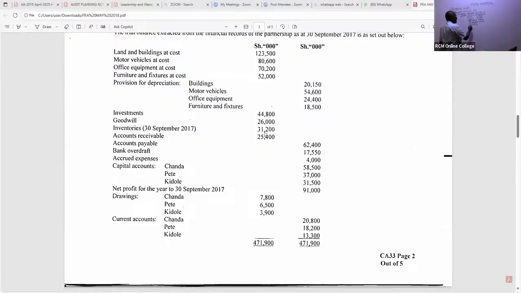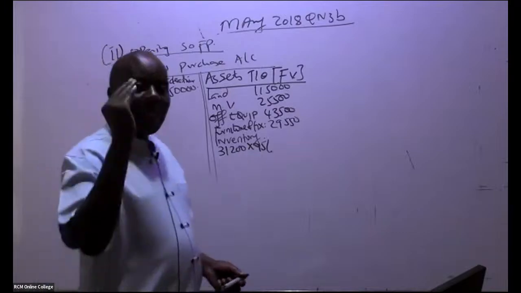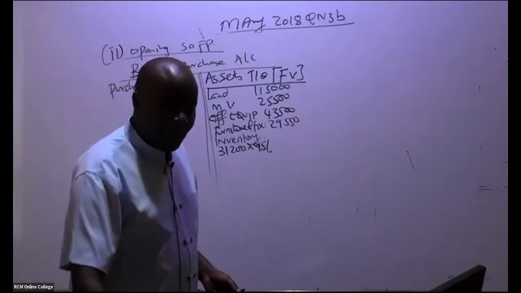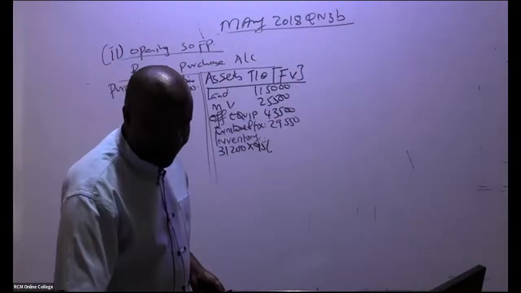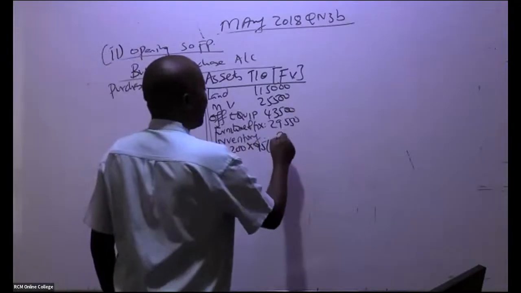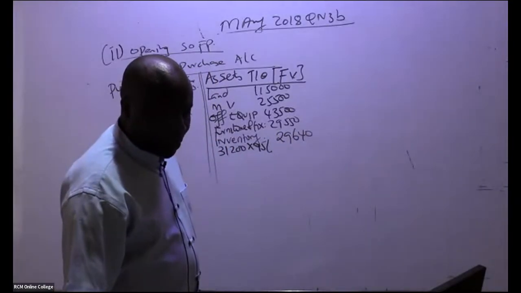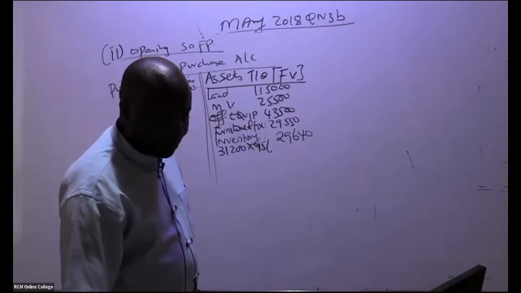But now they agreed we take away 5%, which is the same as multiplying by 95%. So remember, inventory is less 5%. That gives 29,640. Do we have any other item? Oh, yes, we do.